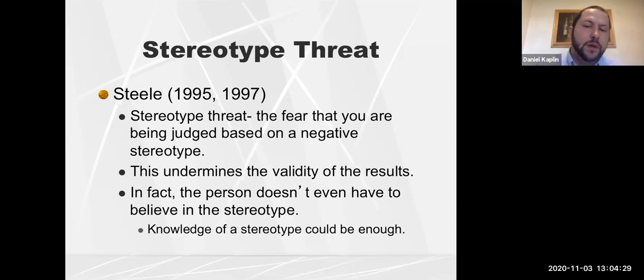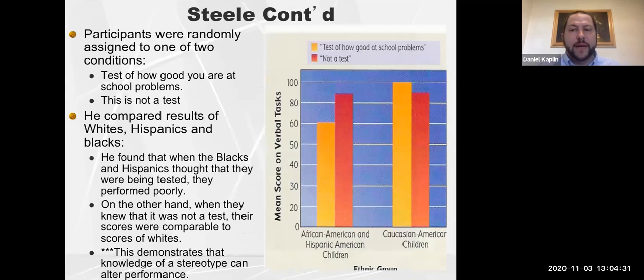All right. So the same thing can be said about ethnicity and IQ, with this stereotype of the white superiority myth of IQ; it also affects ethnicity. And sure enough, Blacks and Hispanics underperform when they're told it's a measure of how good you are at school problems and whatnot. So once again, the stereotype about one's group can influence performance.